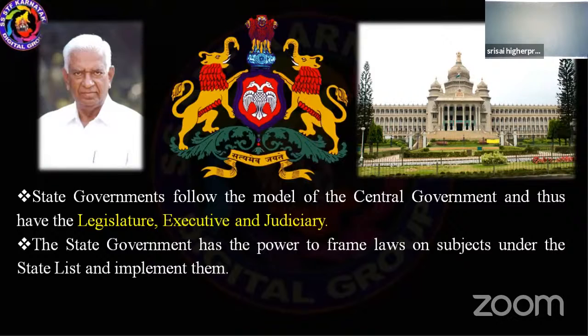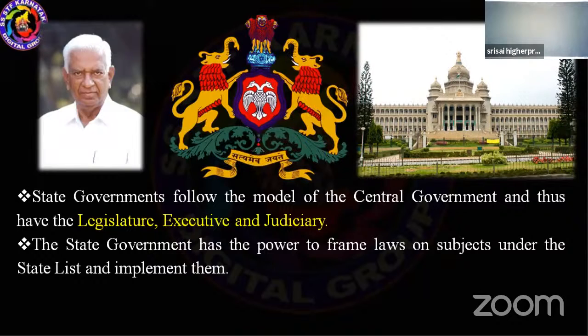The state government has the power to frame laws on subjects under the state list and implement them. The issues belonging to a country are divided into 3 lists. First, the central list, also called the Union list. Second, the state list, and third, the concurrent list.